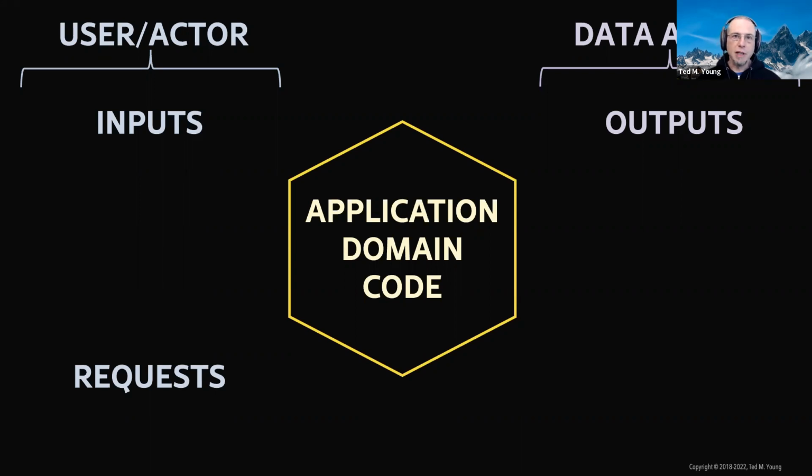What movie seats are available? Do we have stock of this item? How much are shipping charges for this? Whatever it is, we may need to consult with other services, and those are outbound requests. And they may also be events that we have to tell people that something happened. So if you're using an event-driven architecture, you may send out an event saying, hey, somebody bought this ticket, somebody purchased this item, and then whoever cares about it can listen and act on it.